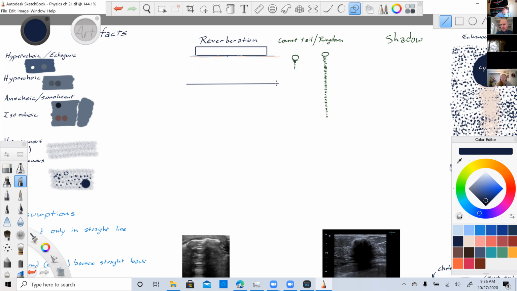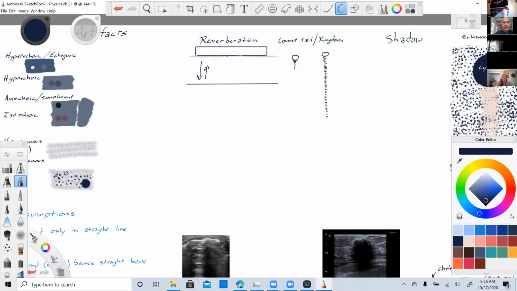So sound comes down and back like it's supposed to. Goes down, echo returns. That's normal. And then we see that line because that's what we do.